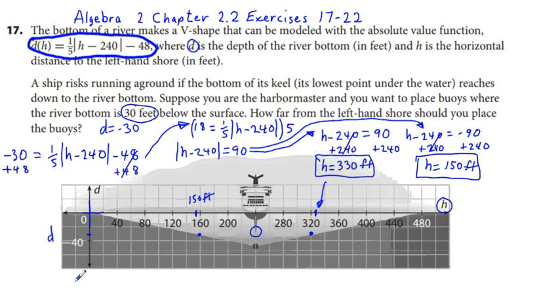So just to verbalize this, the buoys will be placed 150 and 330 feet from the left shore.